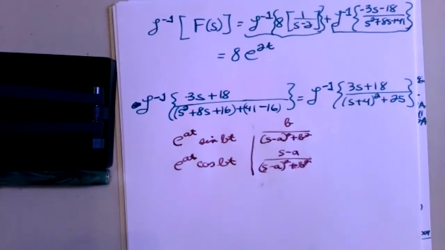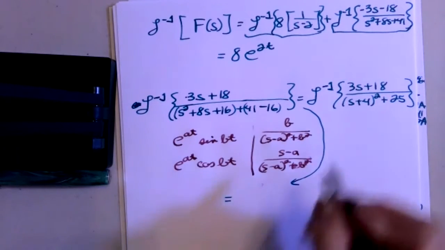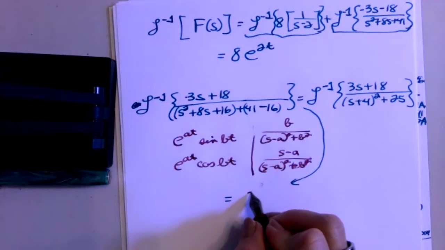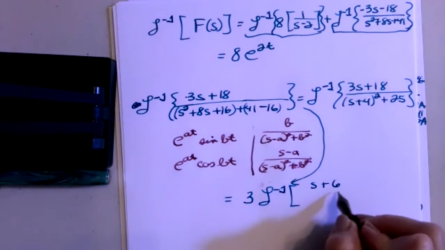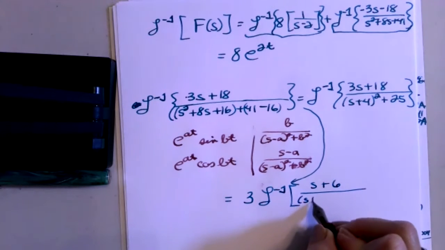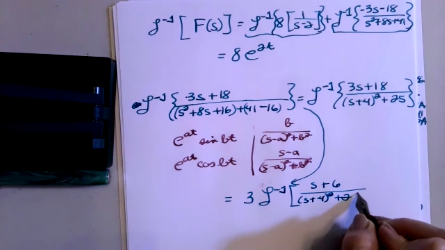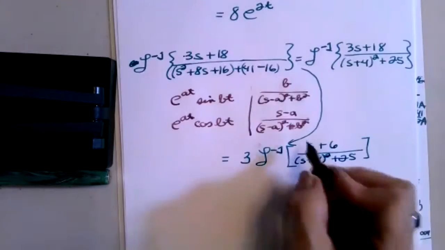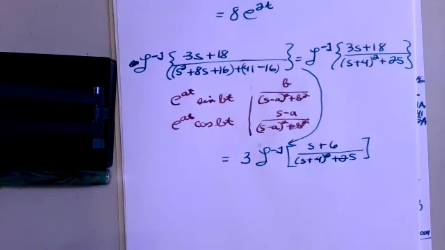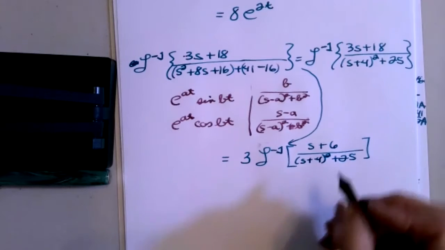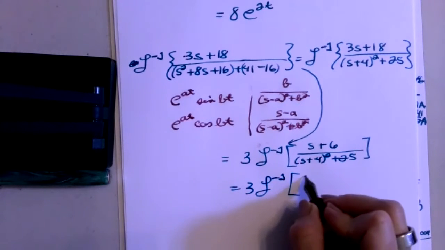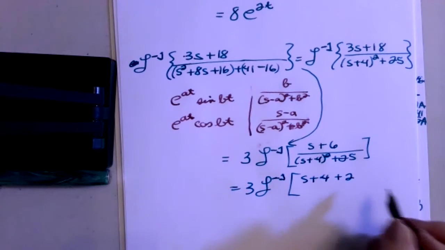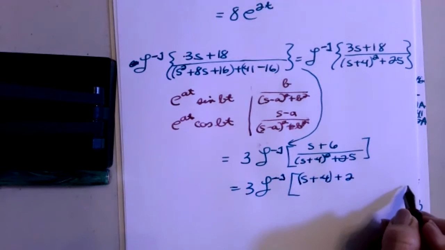So when we go to this one, I'm going to pull the 3 out of the way in the numerator. So this is 3 times the inverse Laplace transform of s plus 6 over s plus 4 squared plus 25. So I need an s plus 4, not an s plus 6. How do I compensate for that? How do I make up for that? I think of writing this as s plus 4 plus 2, and I'm going to group this together and think of that one separate.